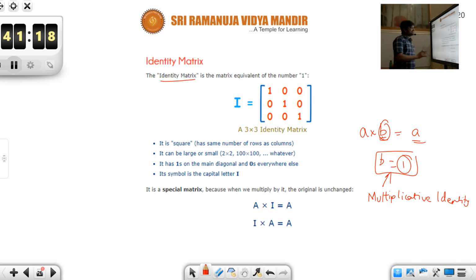First of all, the identity matrix is defined only for square matrices. What does square matrix mean? A matrix which has the same number of rows and columns. I'll be discussing these definitions in detail in a separate topic. Square matrix means the same number of rows and columns, and it can be of any order; size doesn't matter. It could be 2 by 2, 3 by 3, 100 by 100, 1000 by 1000.